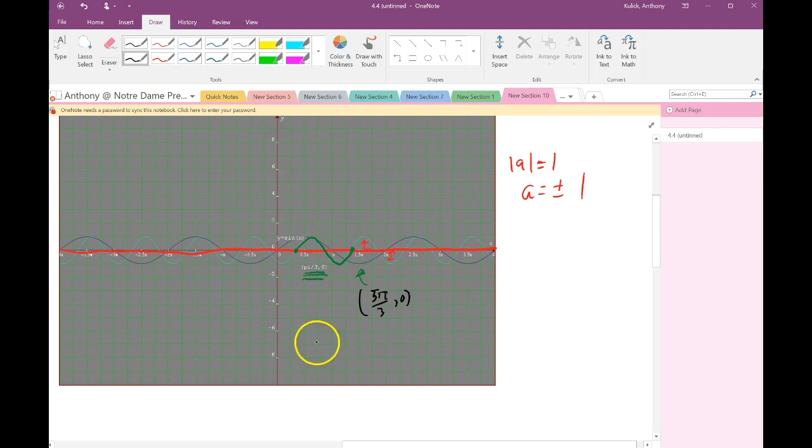So the distance, the period, is going to be the distance between these. So it's just 5/3 pi minus 1/3 pi, which is... oh my goodness, look at what I did.